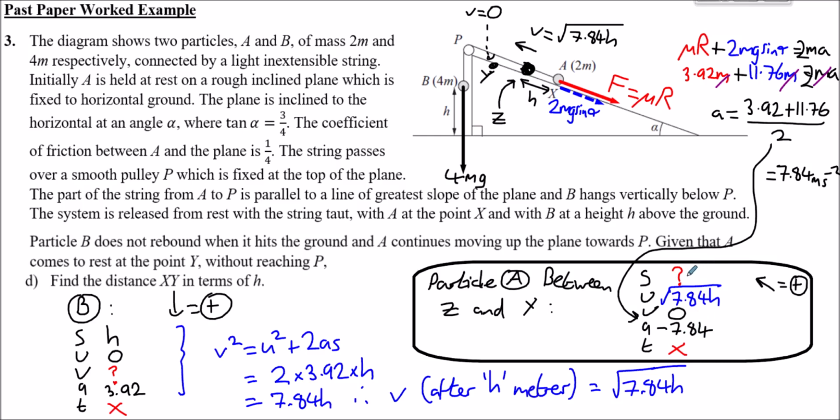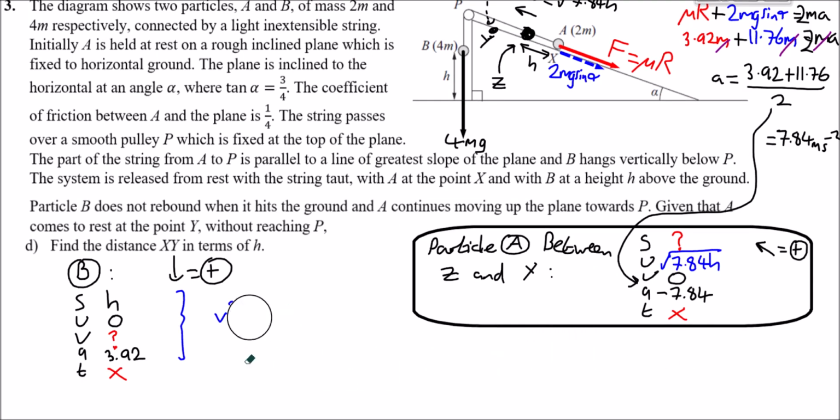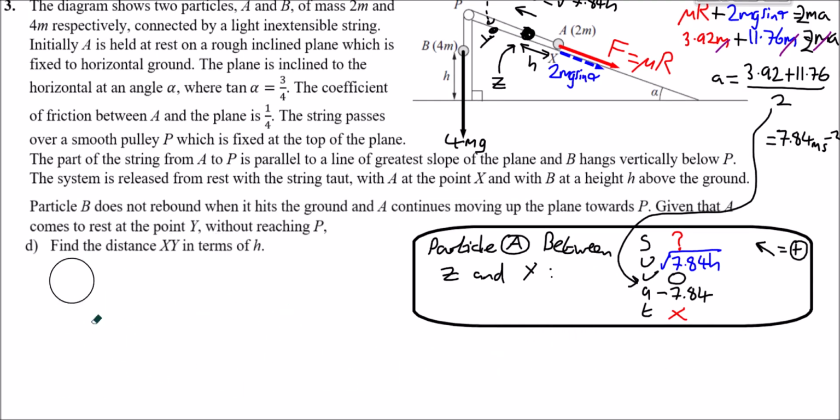So for this one, we can now use v squared equals u squared plus 2as again. If I just neaten this off now, so hopefully you made a note of this, I'm just going to take this away. So what's the extra displacement before it stops?